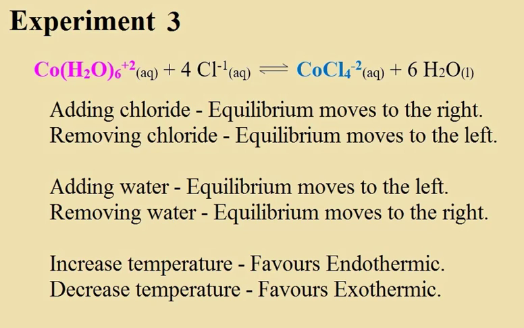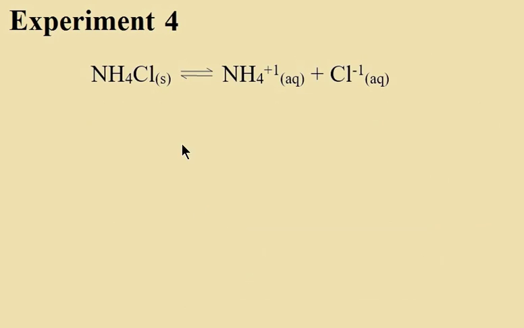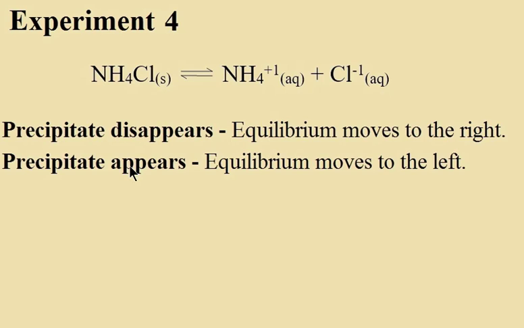Let's take a look at experiment 4 finally. The ammonium chloride dissolving in water to form ammonium ions and chloride ions. Remember, your visual cue here is the appearance or disappearance of the ammonium chloride. If this solid precipitate disappears, it's being used up in the forward reaction.